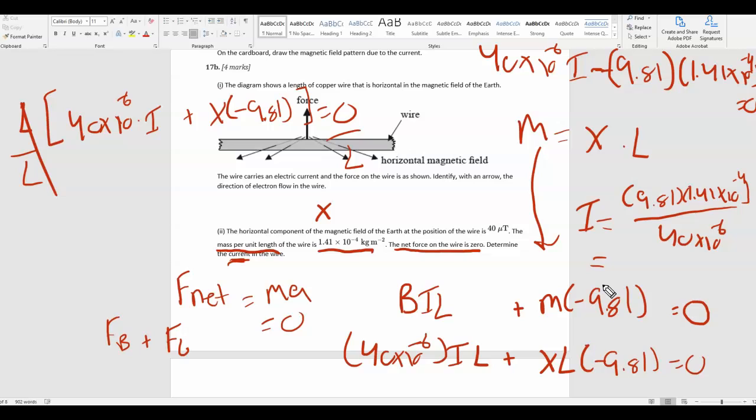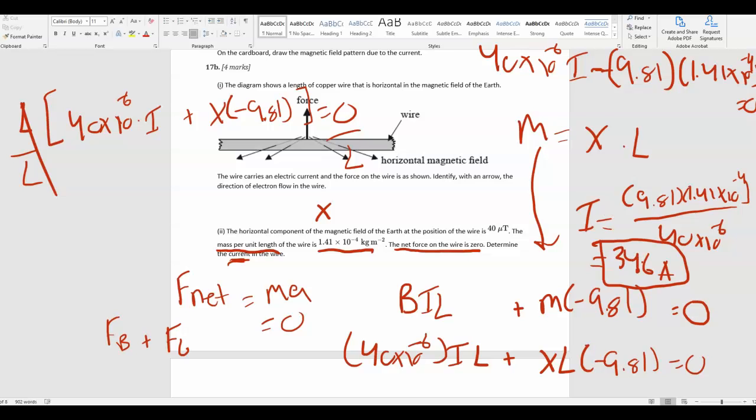If you do that correctly, I get I equals 34.6 amperes, and I'm done with that problem.